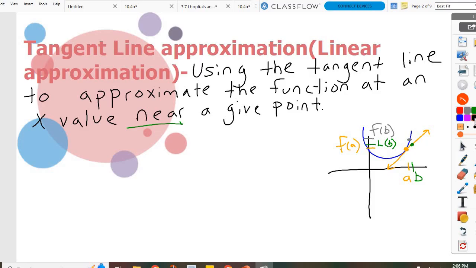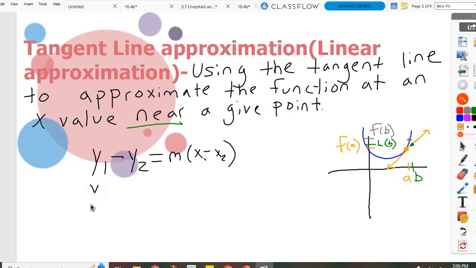So what is the equation of a line? Any line. So what equation have we been using to find the equation of a line? y1 minus y2 equals... okay.